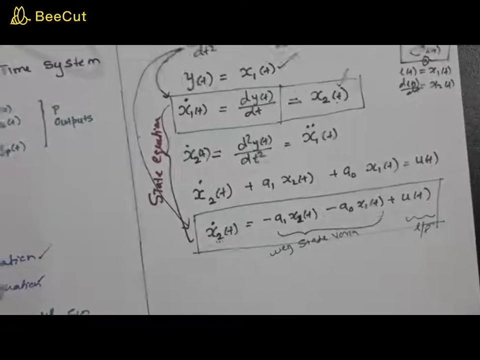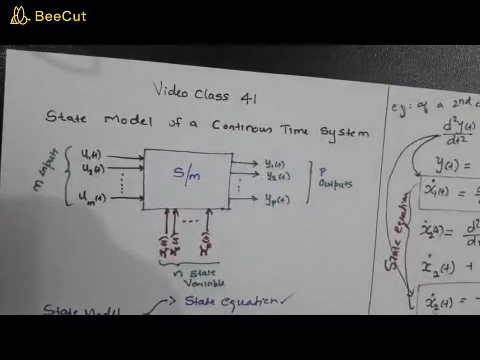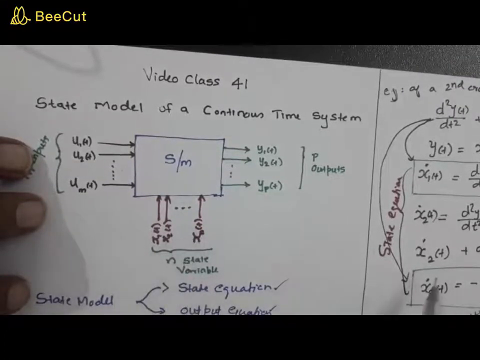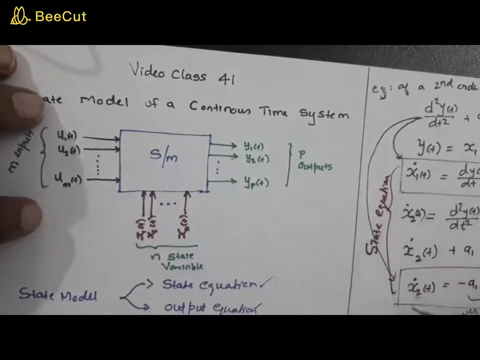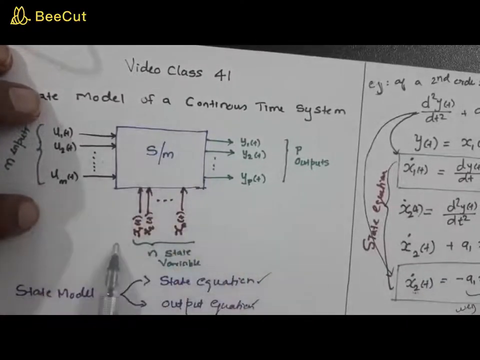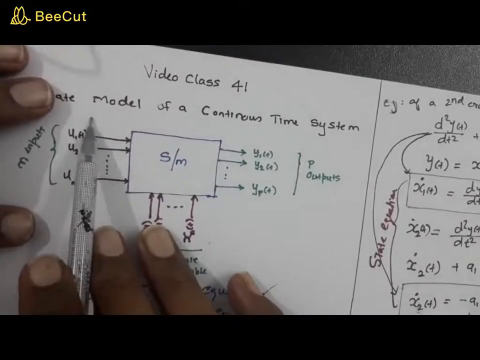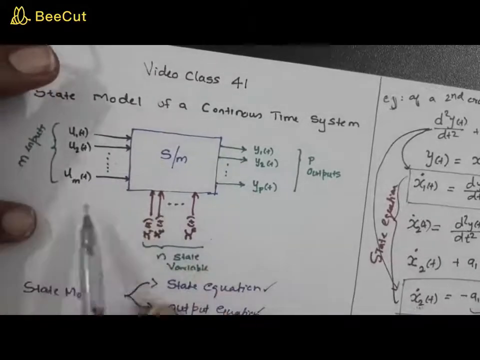Now if you extend this to a multiple input system, with n state variables you will have n state equations, and each equation will be a function of what? The first order derivative corresponding to each state variable will be a function of the state variables as well as the inputs. In this case, it depends on the n state variables and m inputs.